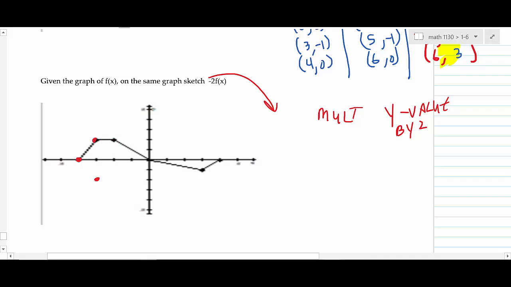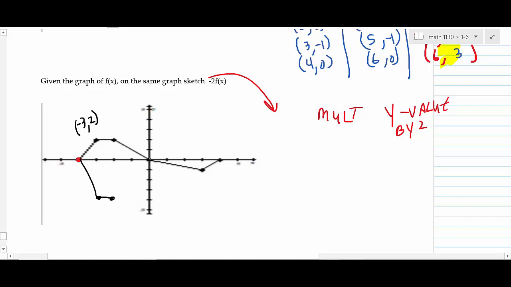Hold on. Whoops, I'm doing the wrong thing there. Okay, this y value right here, this is the point -3, 2. So if you multiply that y value by -2, it's going to become -3, -4. So that's going to go like that. Okay, same thing here. That's going to go like that. So the new graph is going to do like that.